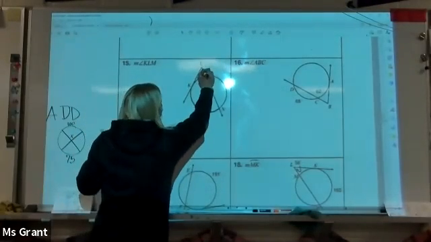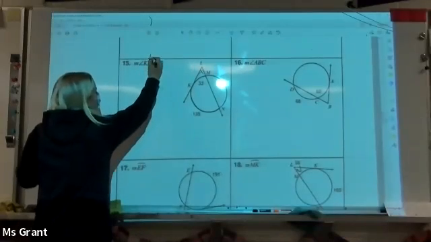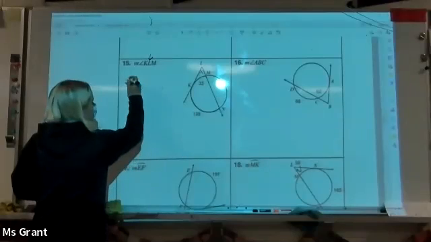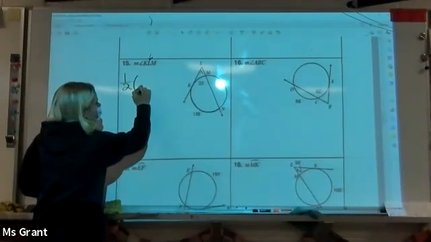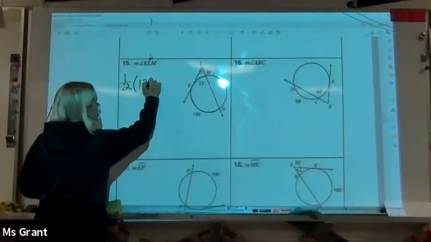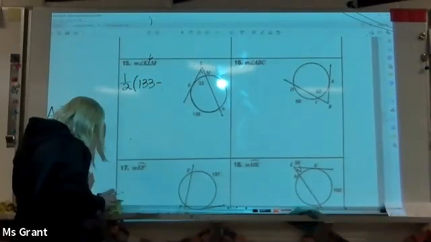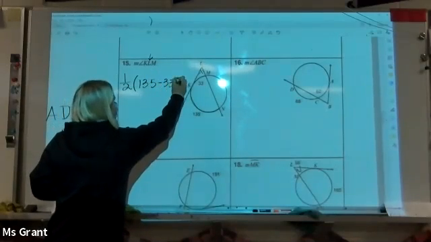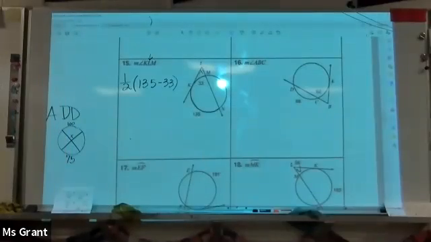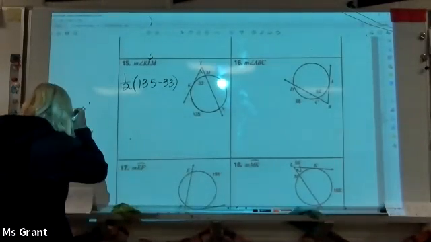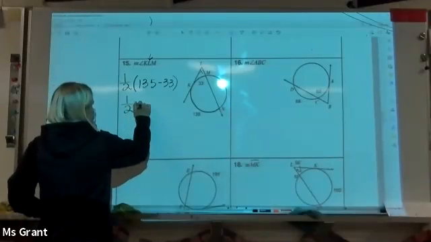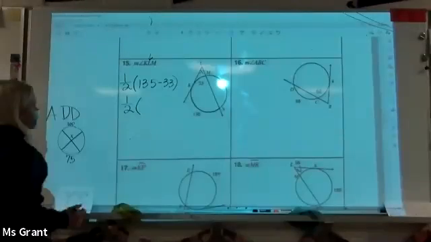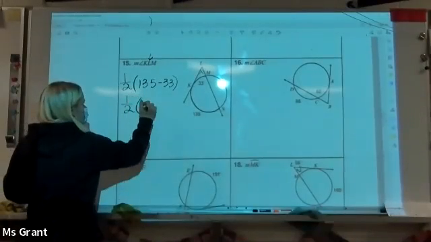I'm trying to find angle L, because L is in the middle of my 3 letters, and that's the vertex of the angle. 1/2, larger first, 135 minus 33. 102.